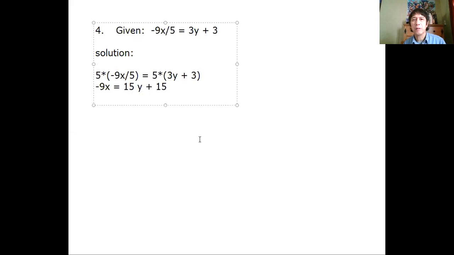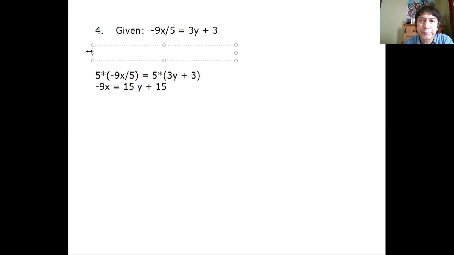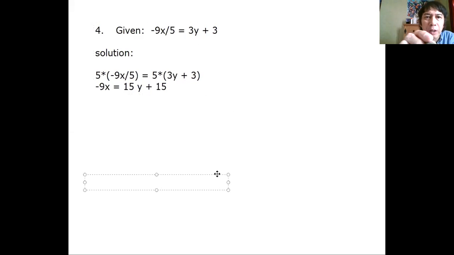Now, take note, number 9, number 15 is divisible by 3. So we can divide this by 3. Okay? So we shall divide this by the number 3.